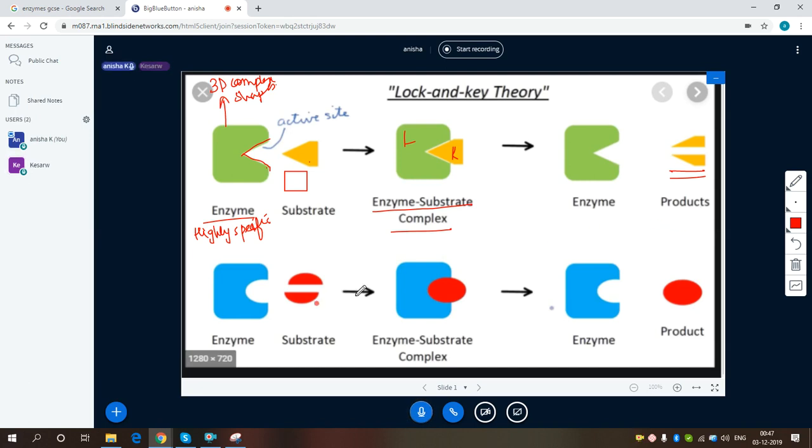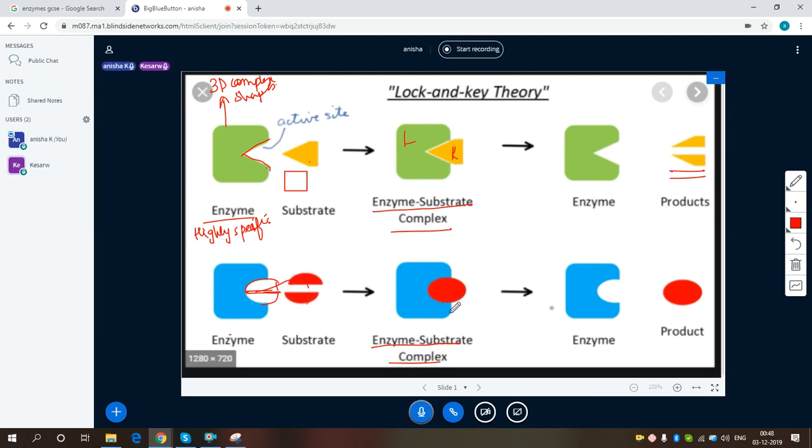Okay. Now, the same thing when we come down and see here. We have an enzyme. We have two forms of substrate. What happens there, if we divide this active site, this will come and fit over here, right? And the other part is going to fit over there. That is where we get this enzyme substrate complex here.